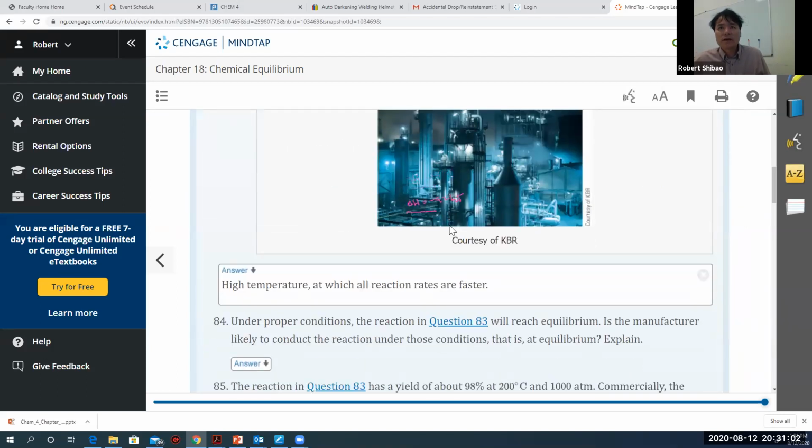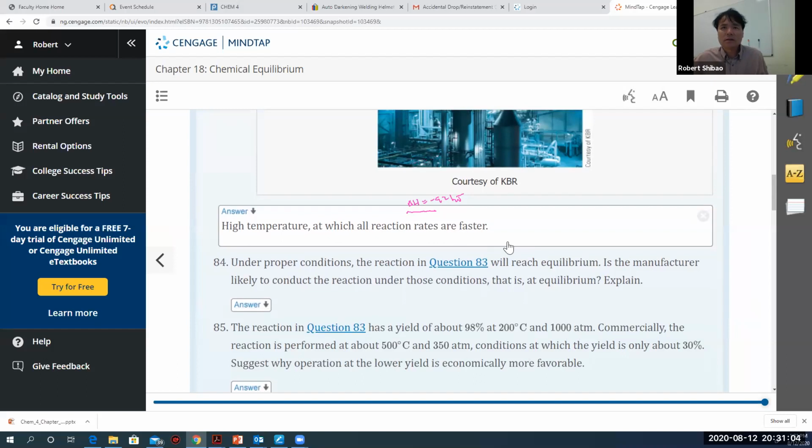One thing that's fighting each other is this. This is an exothermic reaction, so exothermic reactions are favored at lower temperature. However, if you decrease the temperature, that means the collisions are slower, and then we have a problem.